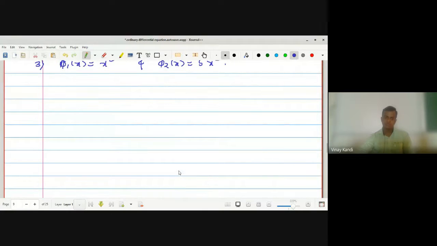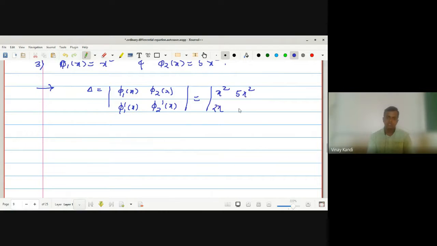So it means the determinant delta is equal to phi 1 of x, phi 2 of x, phi 1 dash of x, phi 2 dash of x, which is equal to x square, 5x square, 2x, 10x.